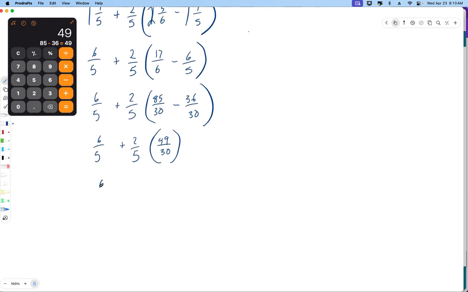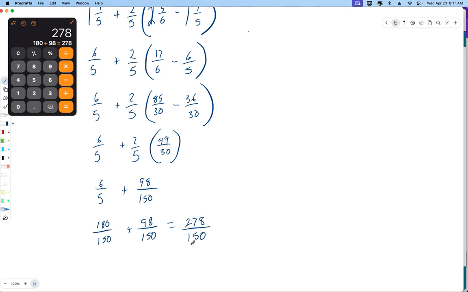Let's multiply. 6 over 5 plus 2 times 49 is 98. 5 times 30 is 150. All right, so I'm just going to multiply this by 30. So 6 times 30, 180 over 150 plus 98 over 150. 180 plus 98 is 278 over 150.